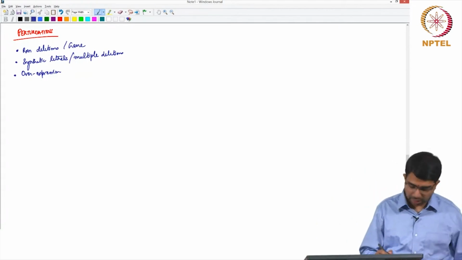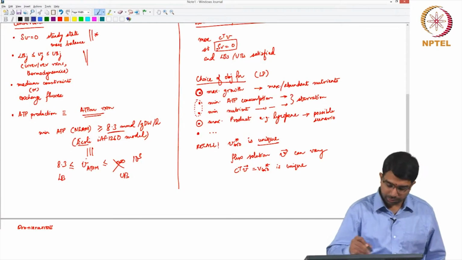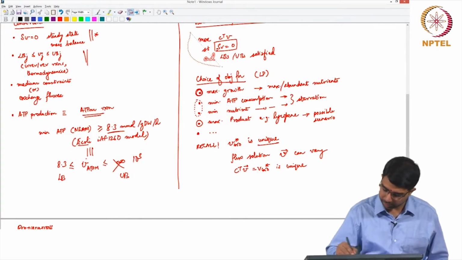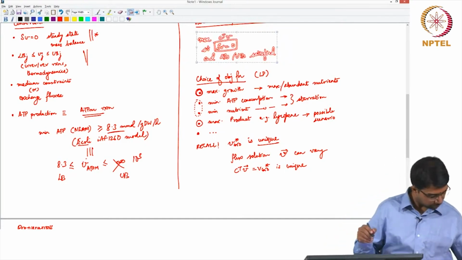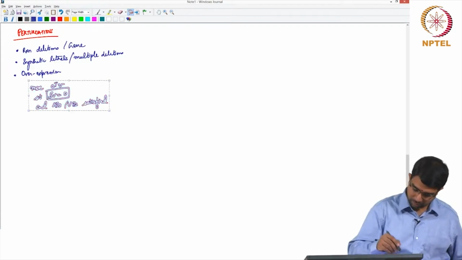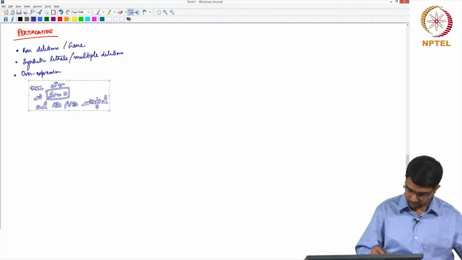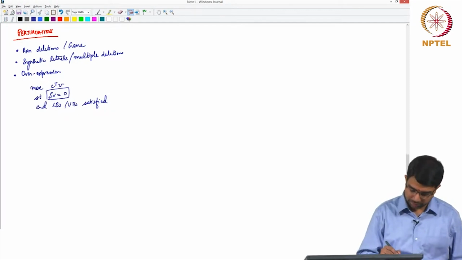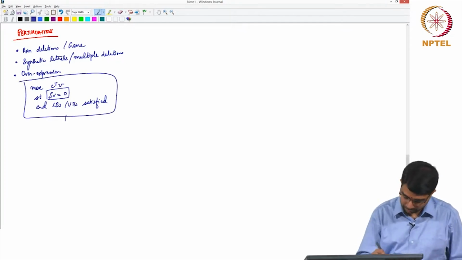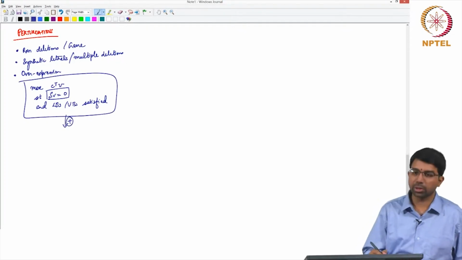You basically start with the original flux balance solution formulation, which is this, and plus what do you add to this?